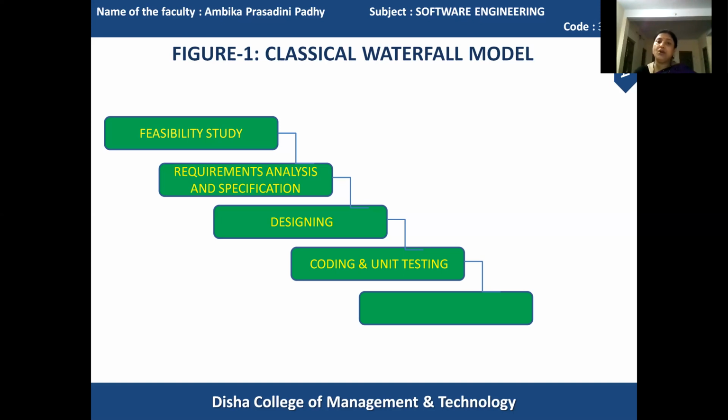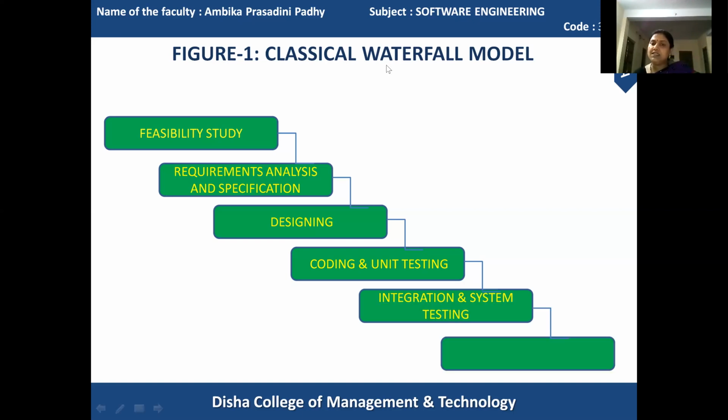In the coding, programming languages will be helpful for converting the design into a real automated system. And unit testing will execute each and every small part of the program module and test whether it is going to perform the real work or not.